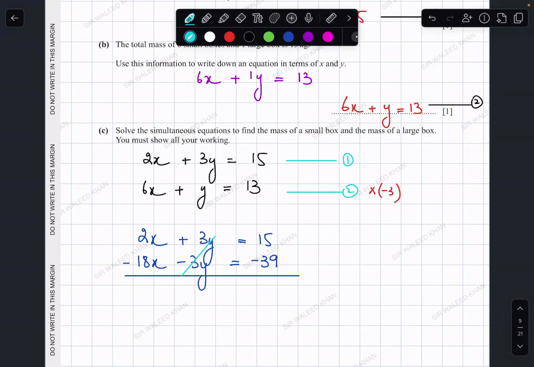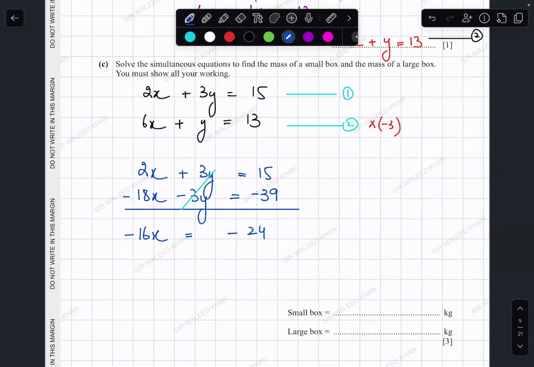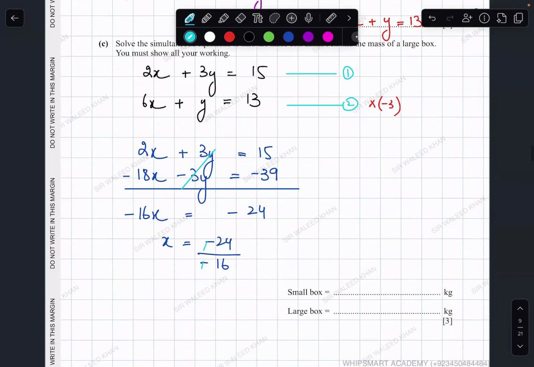This will cancel out. We have minus 16x is equal to minus 24. So the negative and negative will cancel out, and we are left with, this should be both are in the table of 4.